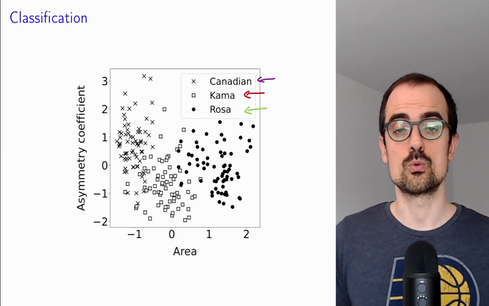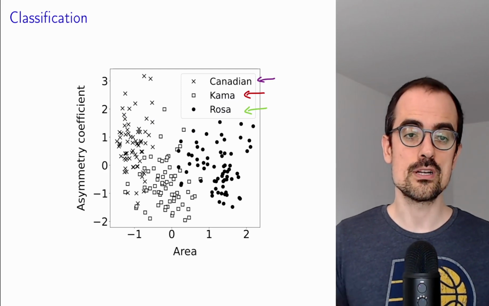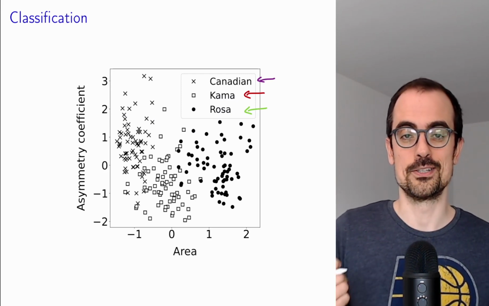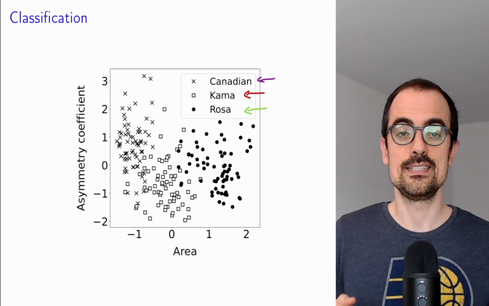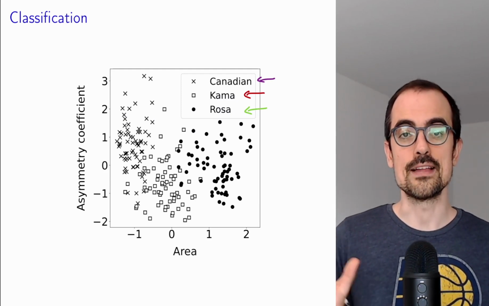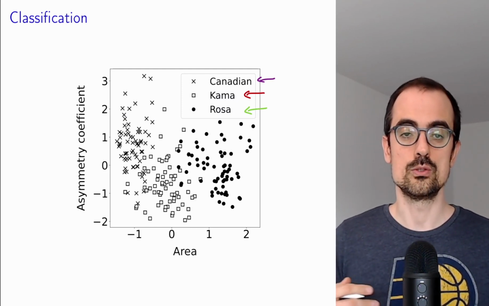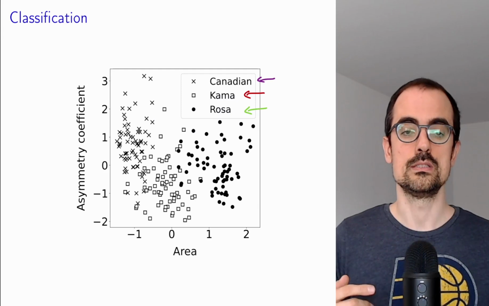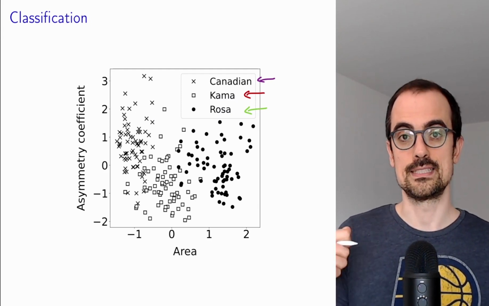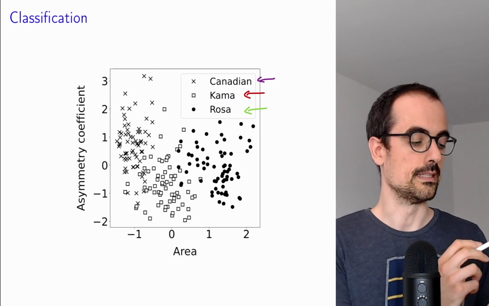The features that we're going to use to perform this classification are two. They're the asymmetry coefficient of the seed, which I imagine quantifies how asymmetric the seed is, and the area of the seed. Both features are standardized. They were centered according to the sample mean over the whole data set and normalized by dividing by the standard deviation over the whole data set.